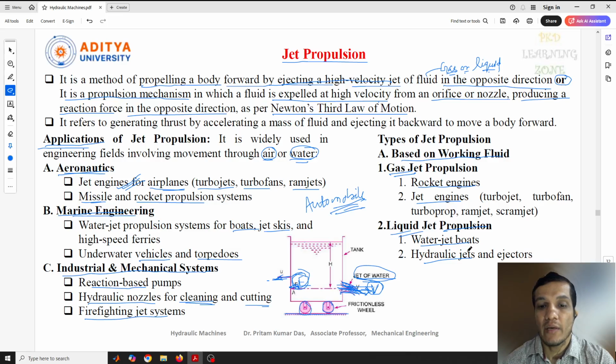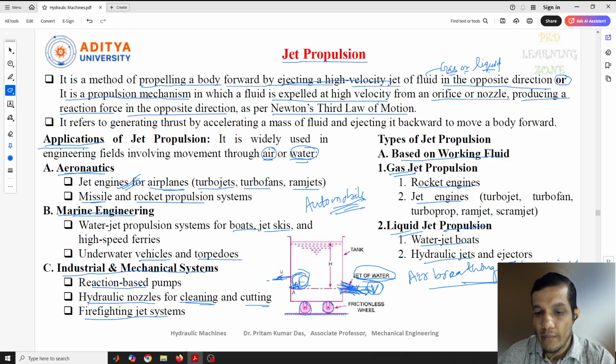Even some books categorize it in different ways, like air breathing jet engines. Air breathing jet engines means that the basic fuel here is atmospheric air.